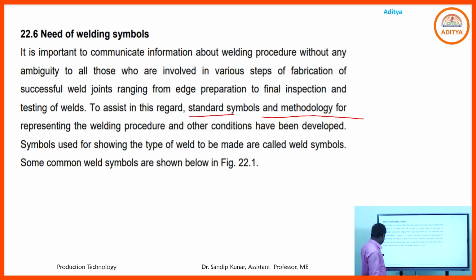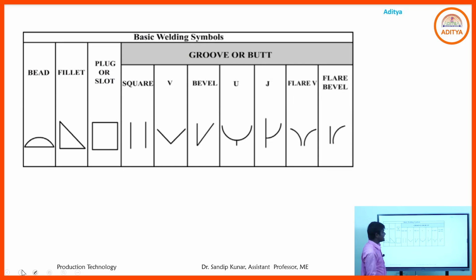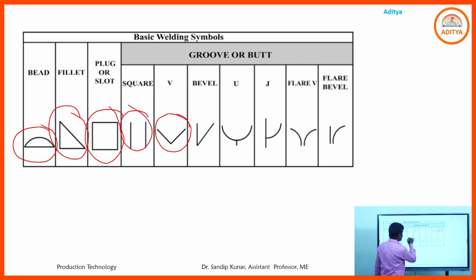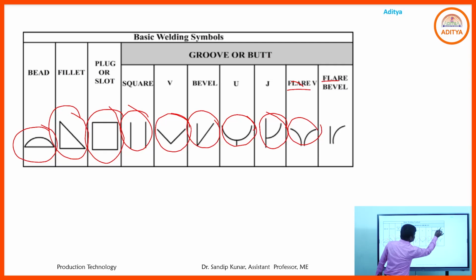So we are seeing the basic welding symbols. First one is the bead symbol. Another is the fillet symbol. Then plug or slot symbol. Then square symbol, V-type symbol, bevel symbol, U-type symbol, then J-type symbol, then flare V weld type symbol, then flare bevel type symbol.